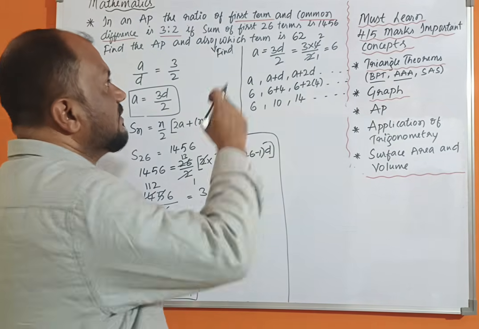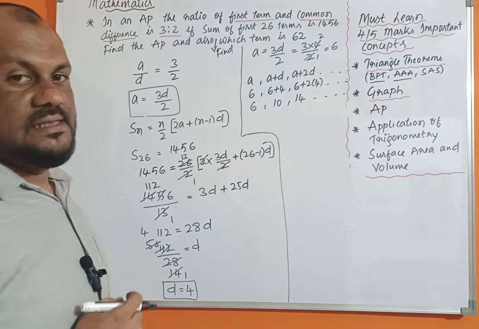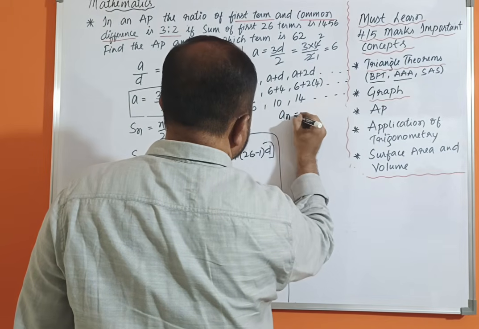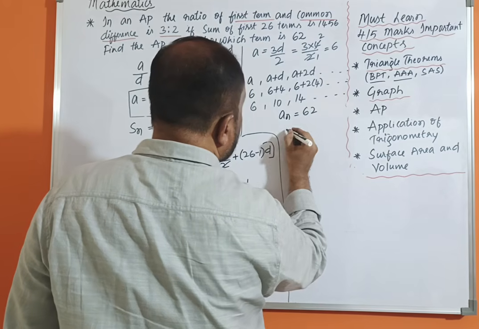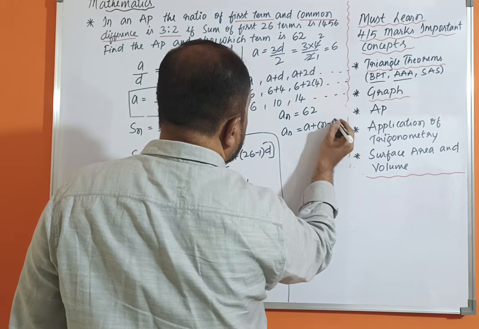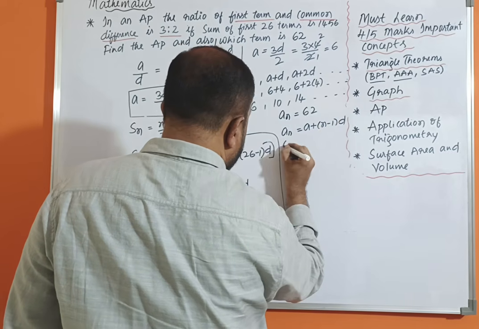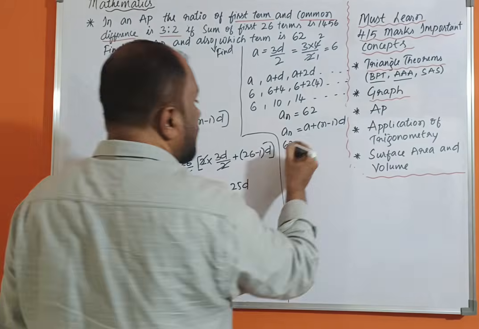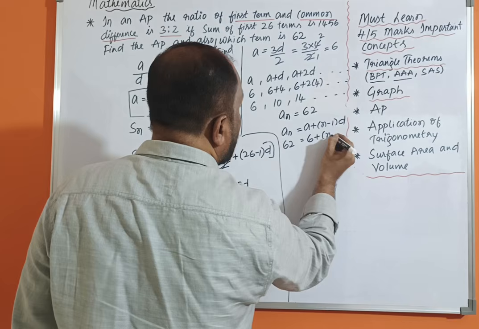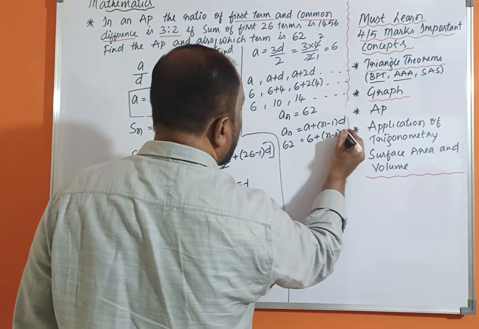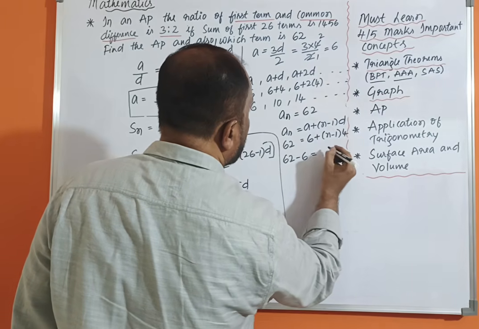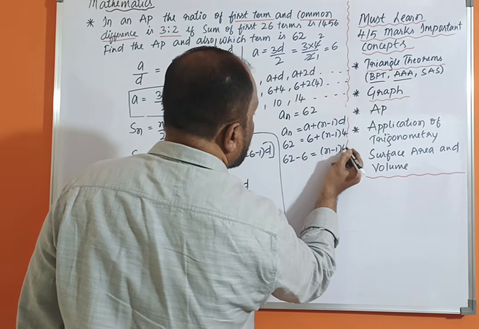Now they are asking which term of this given AP is 62. So we should take An is equal to 62. The formula is An is equal to A plus n minus 1 into D. 62 is equal to the value of A we got, 6, plus n minus 1 into D, which is 4. 62 minus 6 is equal to n minus 1 into 4.